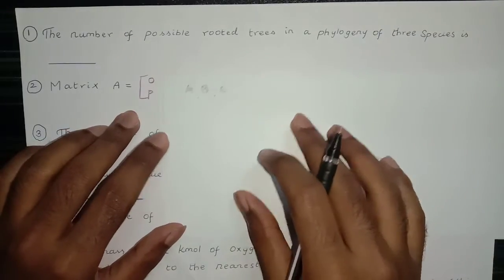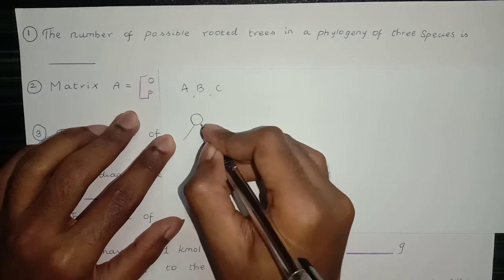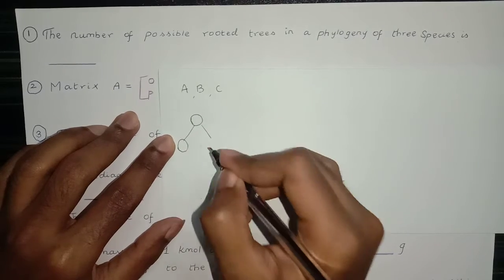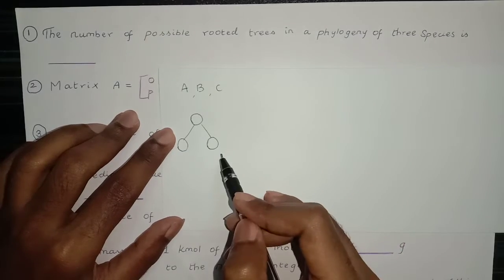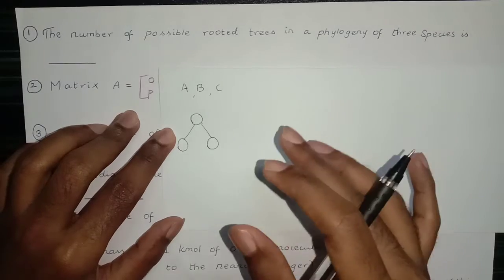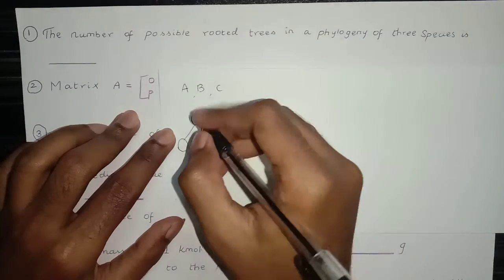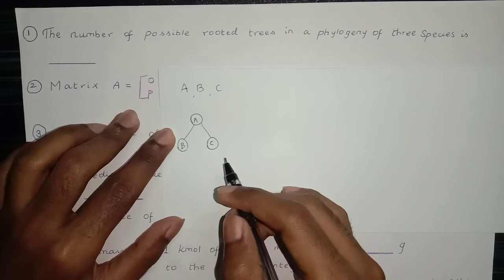Right. So generally a rooted tree would have a root followed by a divergence point giving rise to leaves. Since they are the terminal nodes, they are the leaves. So we should have a root and the other species be leaves. Say A as root, with B and C as leaves, could be one possible combination.